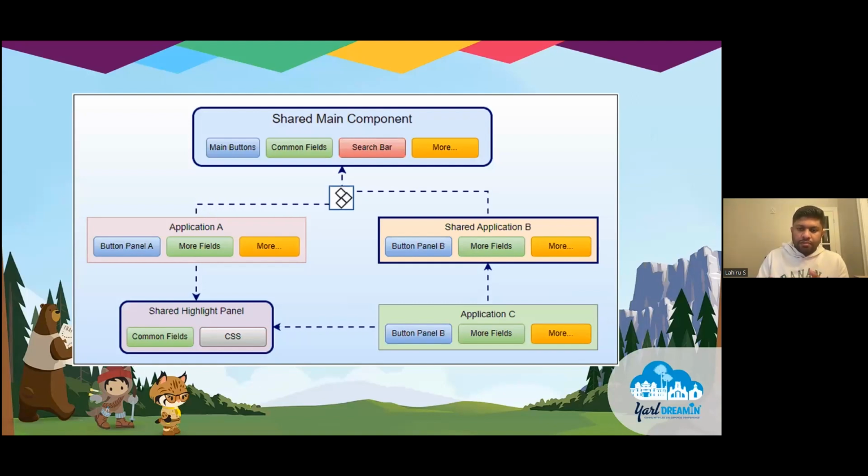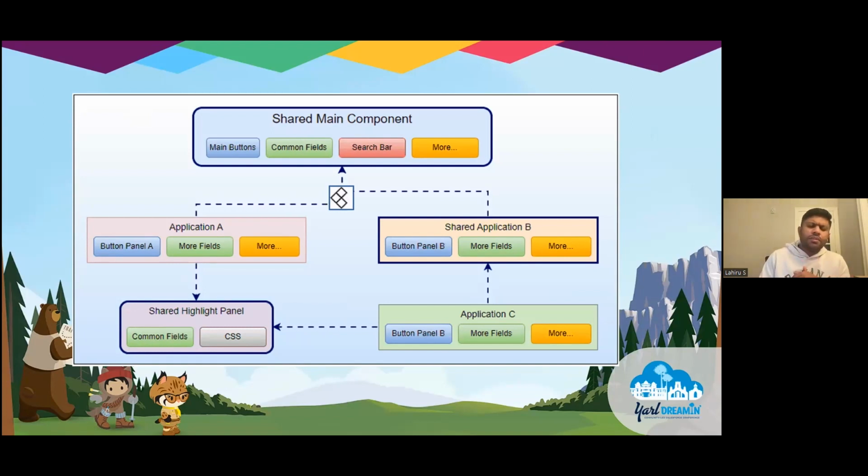At the same time, shared application B can be part of application C as well, right? So there can be scenarios just like that. Even the applications themselves you have to build in such a way, considering the future, that if one can be reused in another application, you implement it as a reusable component as well.